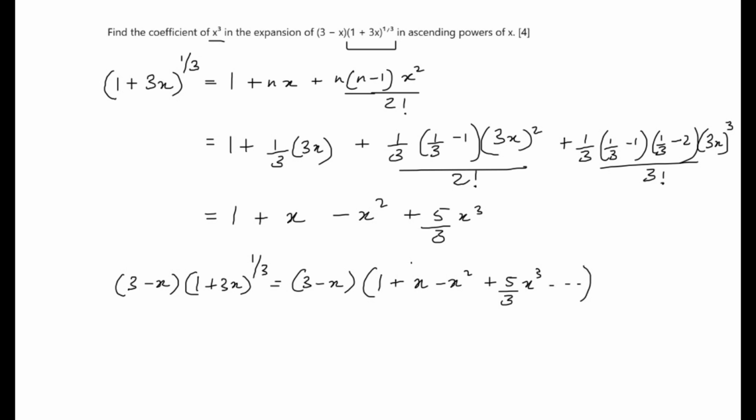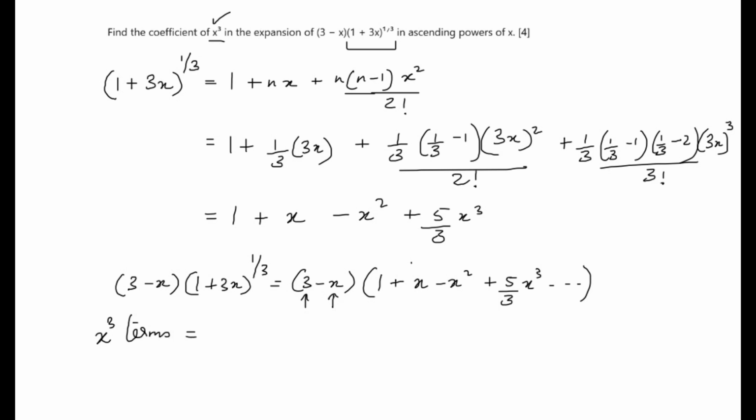Right, so we want to find the coefficient of x cubed. So you have to multiply 3 by every single term in the second expression, and then you have to multiply minus x by every single term in the second expression, just like normal algebra. But we're only interested in the x cubed term. So which multiplication gives us an x cubed term? I'm just going to list out the x cubed terms.